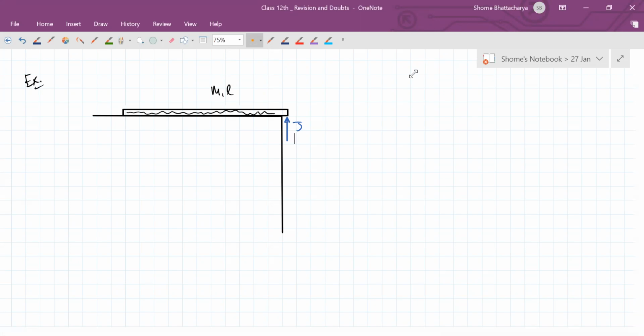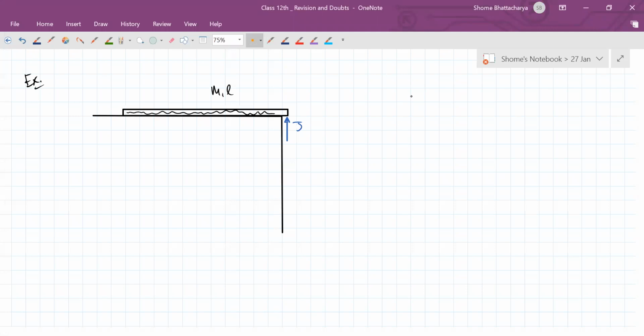Yeah, there was no diagram in the question anyway. So now we have to find the maximum height of the center of mass or something. Let me check. So we are applying an impulse such that the rod makes a vertical projection kind of thing.